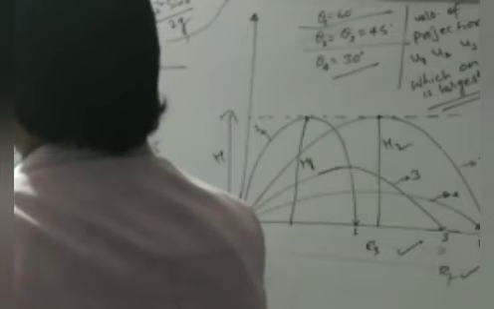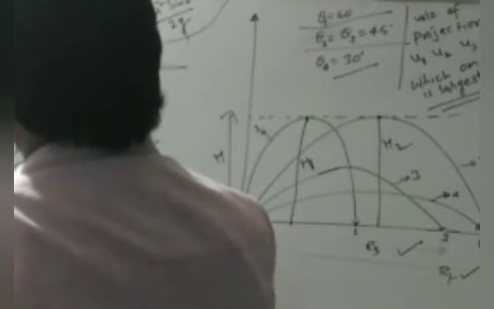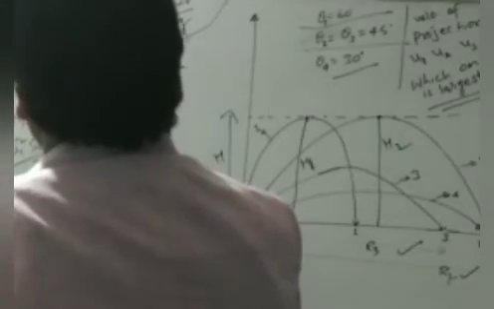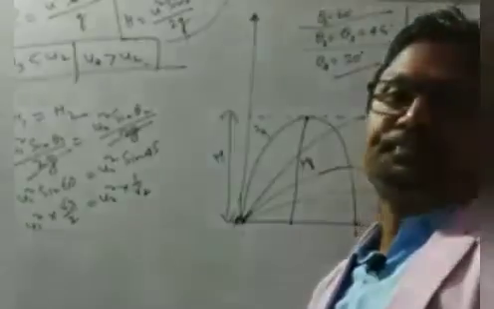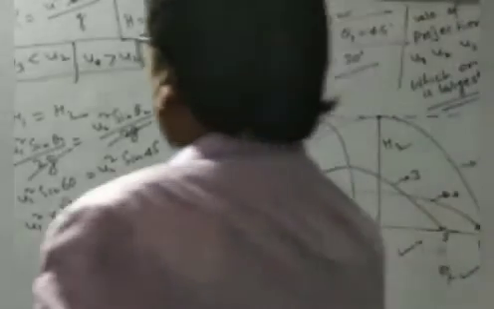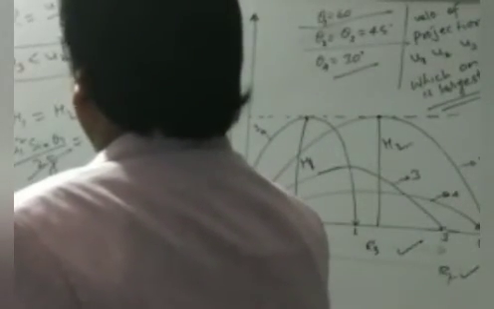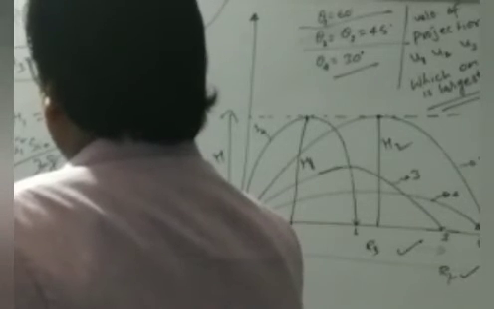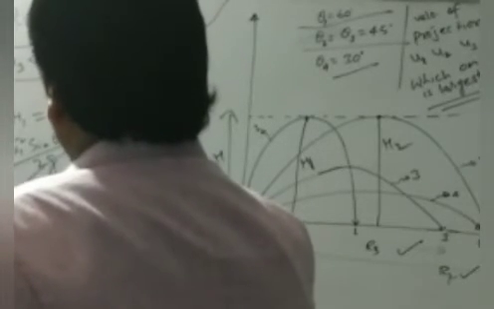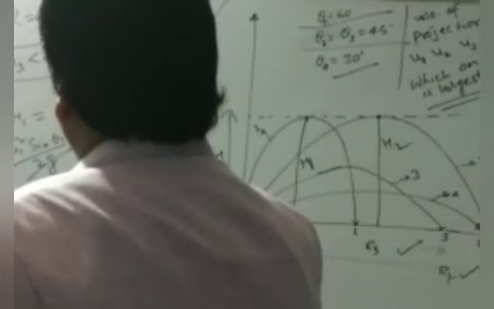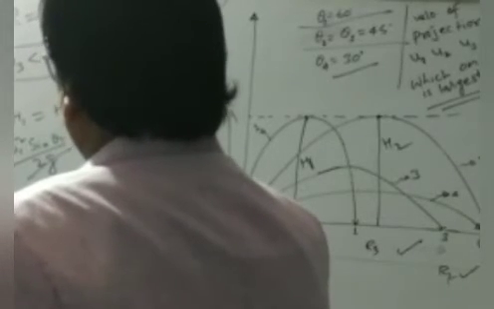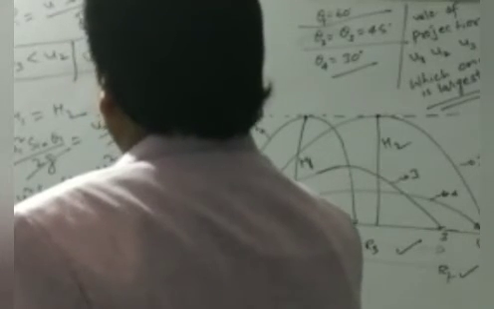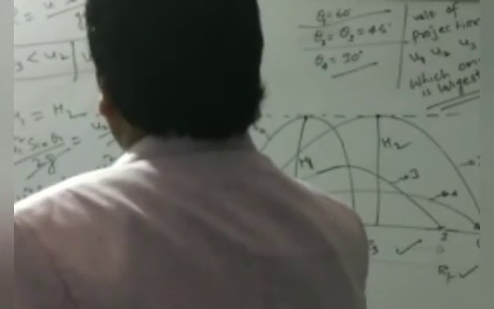So u1 square sine 60 is root 3 upon 2, and this is u2 square, this is 1 by root 2. So root 2 and 2 will cancel out, and u1 square into root 3, 1.732, upon root 2, 1.414, equals u2 square.